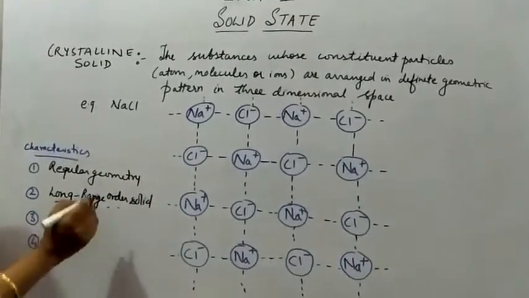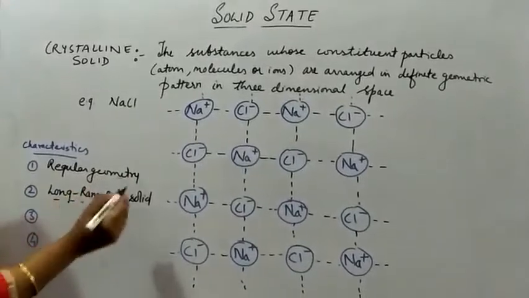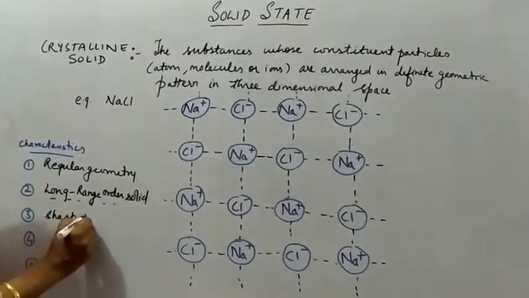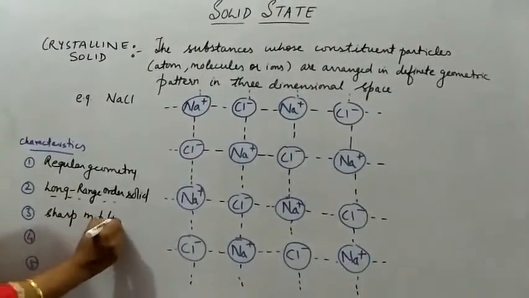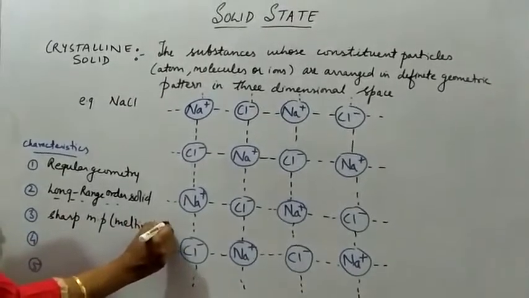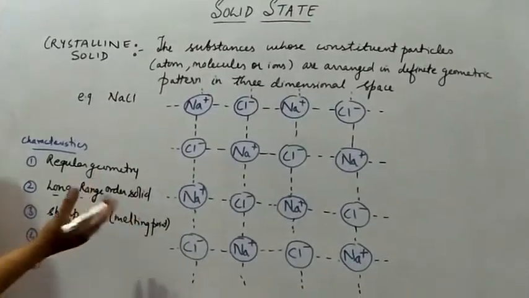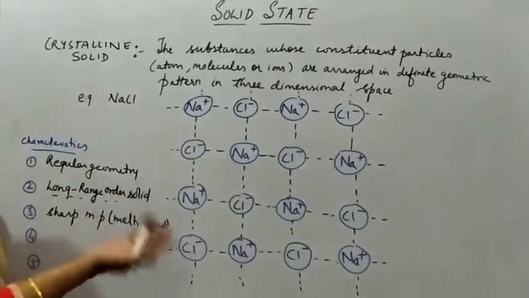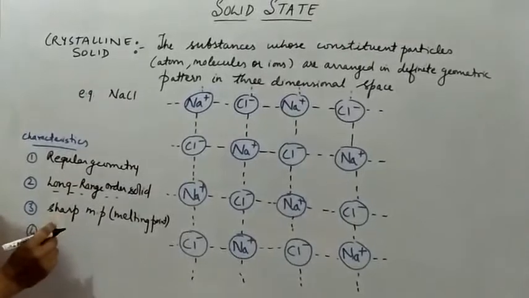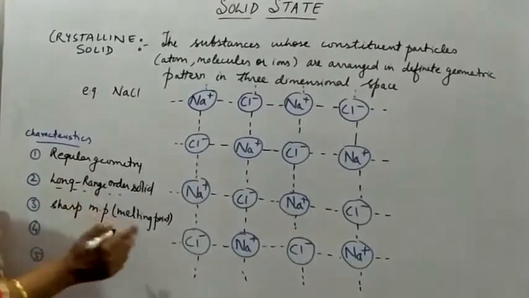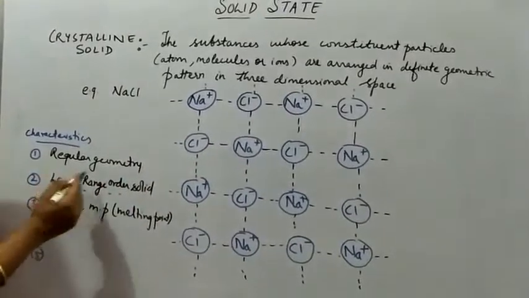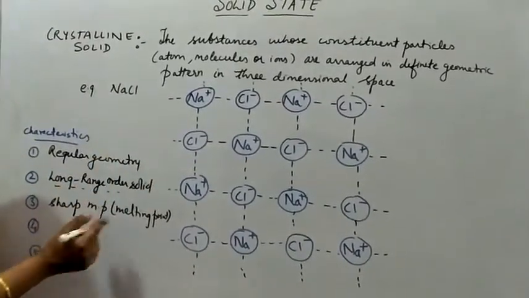Third, due to the regular geometry, a definite pattern is there. They will have a sharp melting point. MP stands here for melting point, the temperature at which the solid is going to melt down. It will start melting, so there will be a sharp, definite melting point, because at that particular temperature all the attractions are going to be broken down together, because the order is definite here.